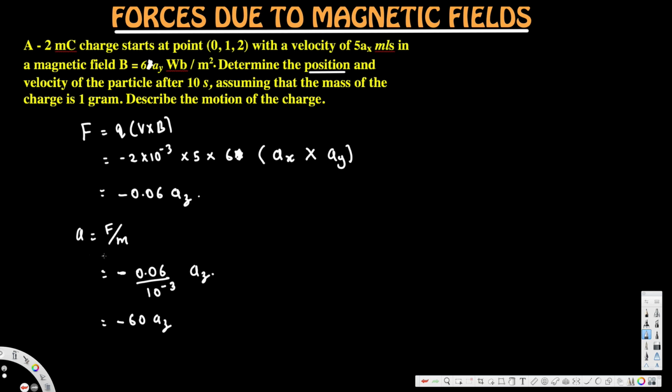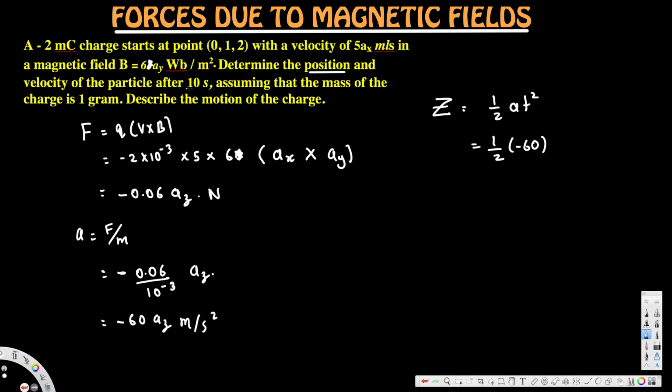Now that we have the acceleration, we can find the distance. Let's say z is the distance, which is equal to half a t squared. We know that a is negative 60, in meters per second squared. Half a t squared, where a is negative 60, times t squared.